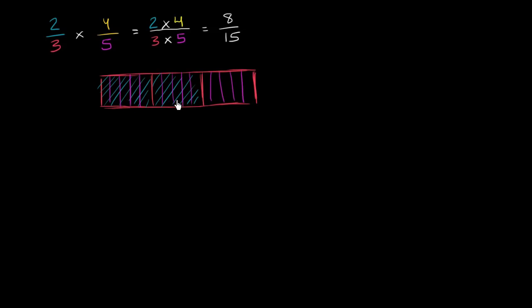This is 10/15, and notice that's the same thing as 2/3. Now if we want to take 4/5 of that, 4/5 of 10 of something is going to be 8 of them. So we're going to take 8 of them: 1, 2, 3, 4, 5, 6, 7, 8. We took 8 of the 15.